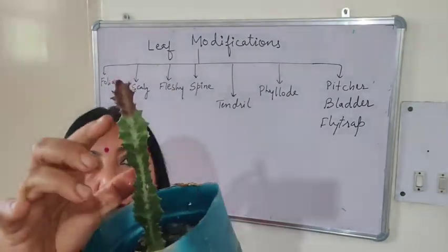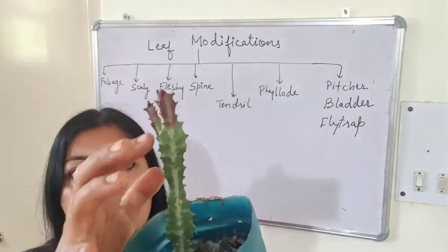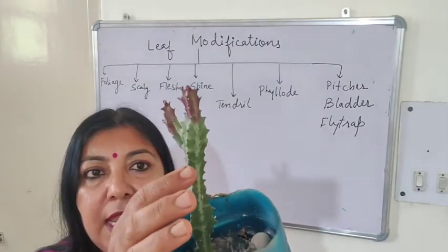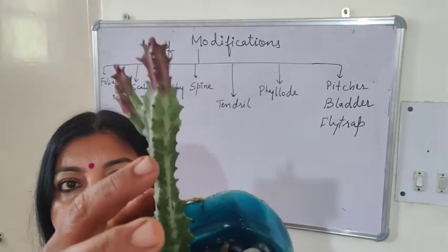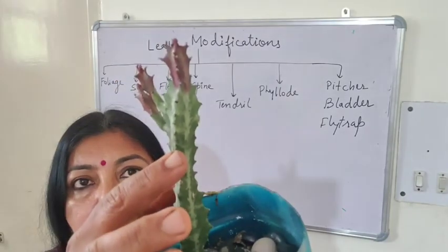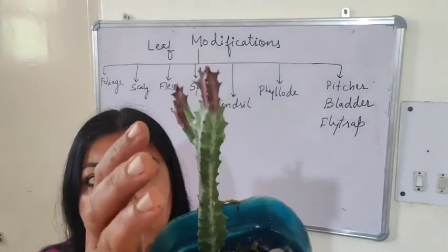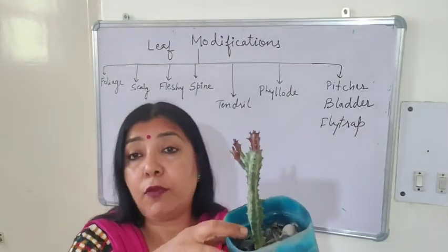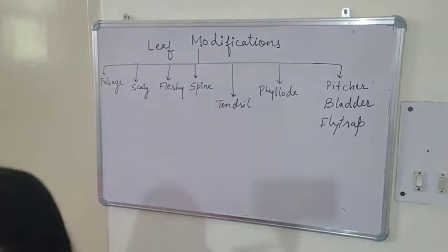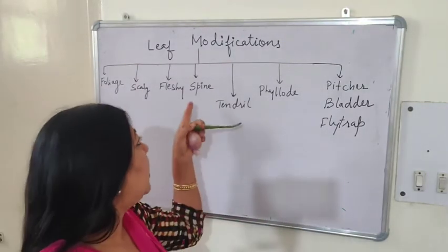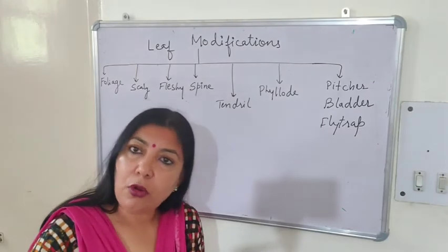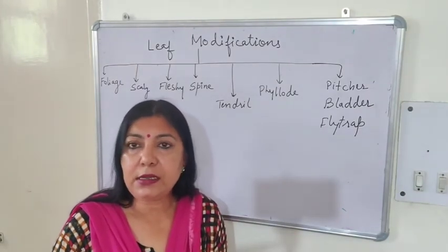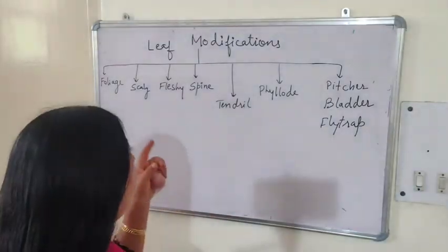In this cactus, the photosynthesis is performed by the stem, which is called phylloclade. But these pointed structures are called the spines. They are protective in function and they prevent the excess loss of water due to transpiration. So such leaves are called spines. So thorn is a stem modification, whereas spine is a leaf modification.